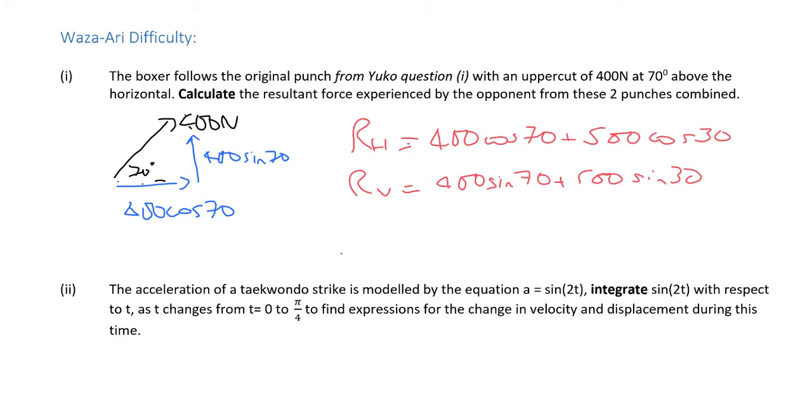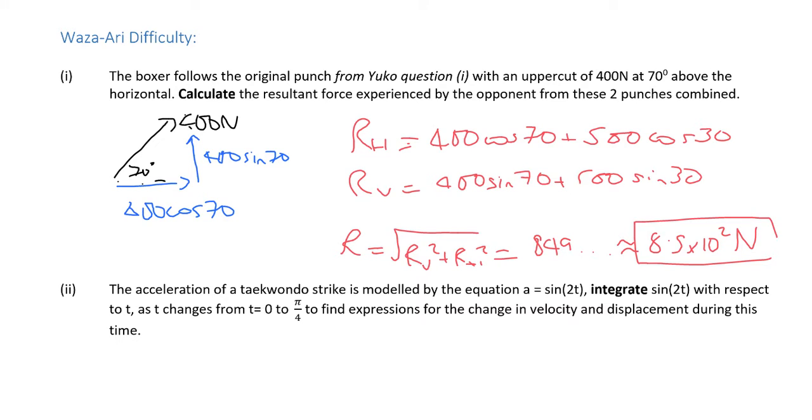And then to get our overall resultant, all we're going to do is use Pythagoras. When we put those numbers in, what we get is 849, and so on. So it's approximately 8.5 times 10 to the 2 newtons, which is going to be the resultant force when you combine it with what we already calculated for question 1.